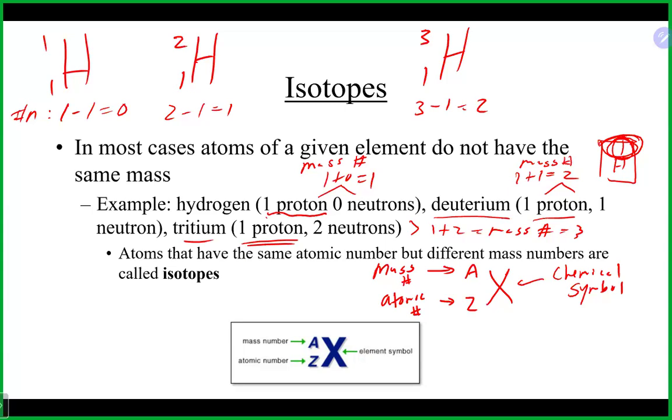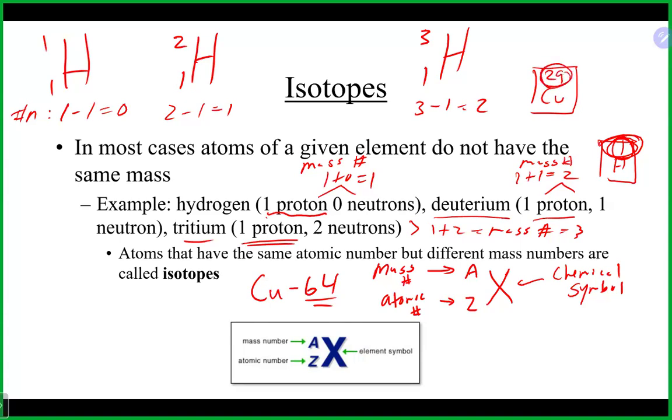Now, this is a very common way that isotopes are written. Another very common way isotopes are written is something, say, like copper 64. So if I say Cu-64, what does that 64 number represent? Well, if I go to the periodic table and find copper and look at the number above copper, it looks like a 29.